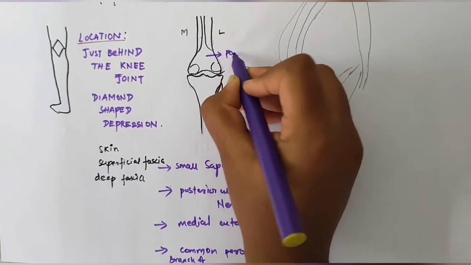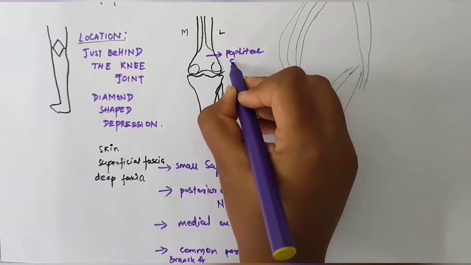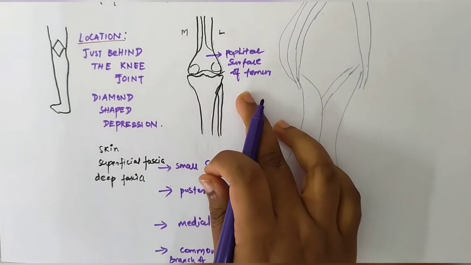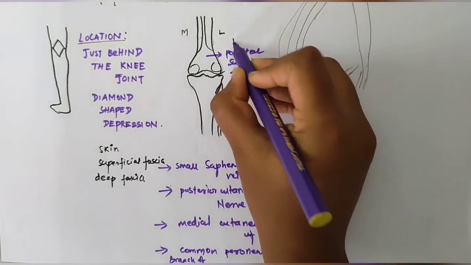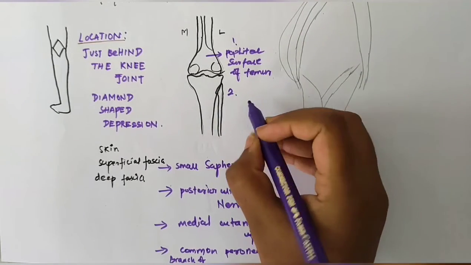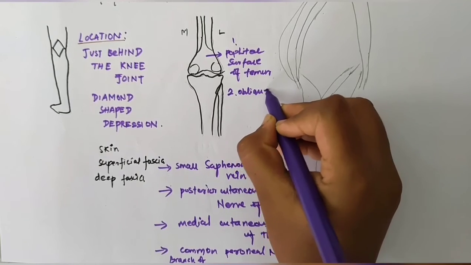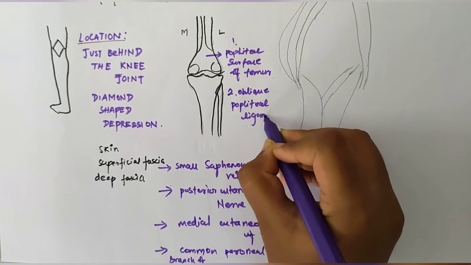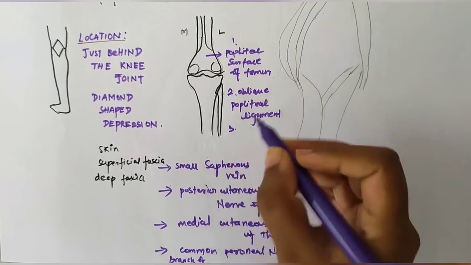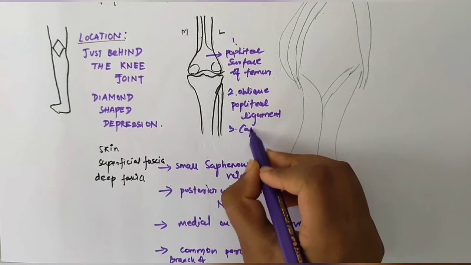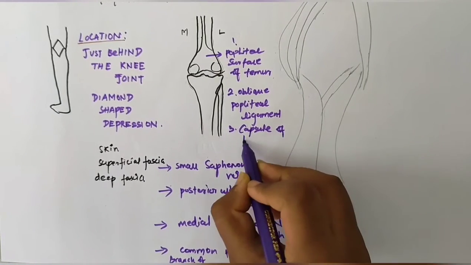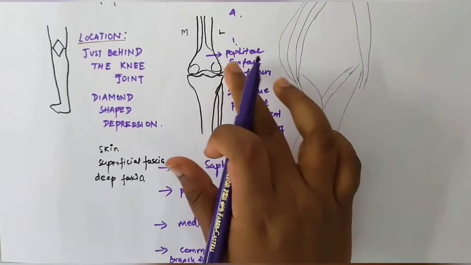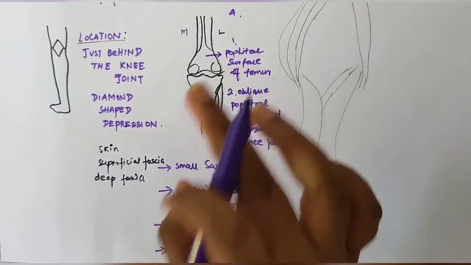First, popliteal surface of femur bone, and next is the oblique popliteal ligament, and then third, capsule of knee joint, and then popliteal fascia, the fascia that is covering the popliteus muscle.